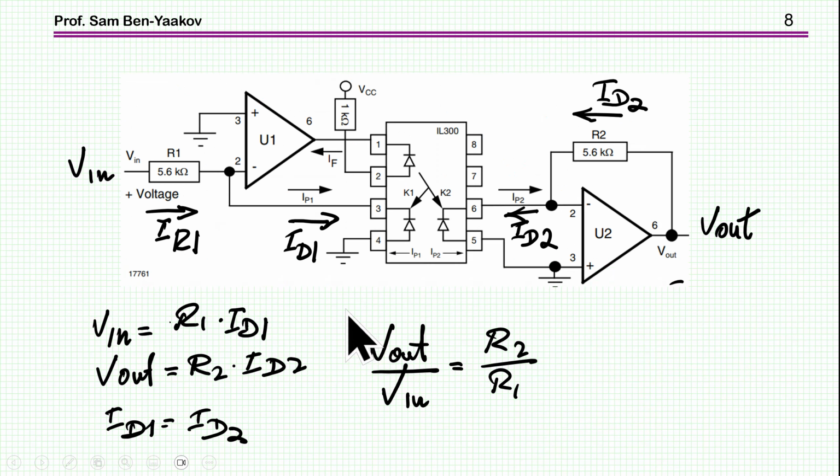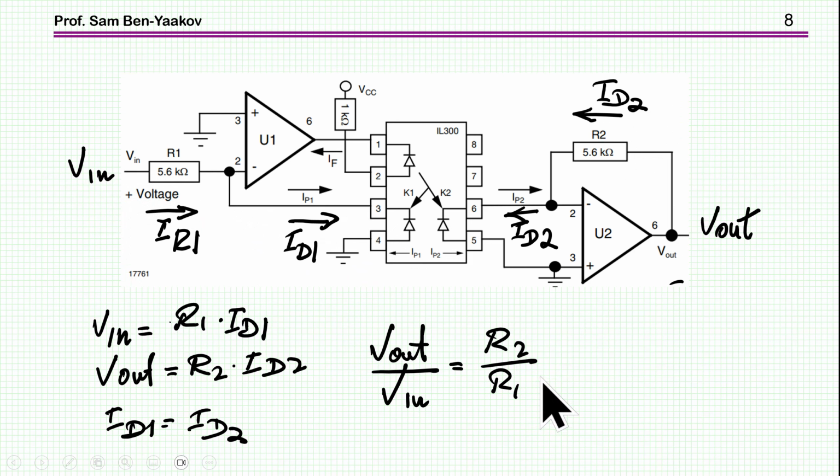Now the better solution in terms of linearity is clamping the diodes, the photodiodes. Here it is clamped to the input here. Here it's clamped to, again, the input here on the secondary side. Currents are the same. So the current times R2 is the output voltage, and the same current supposedly times R1 is the input voltage. So again, we get R2 over R1.